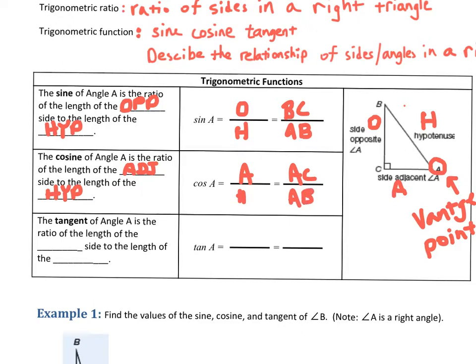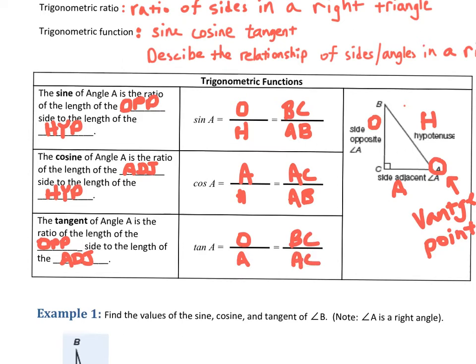And lastly, the tangent of our angle would represent the opposite side compared to the adjacent side. So tangent is your opposite compared to adjacent, which in our triangle that's labeled as opposite is BC compared to our adjacent, which is AC.